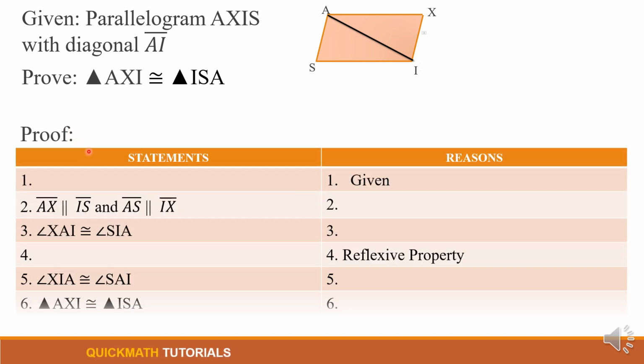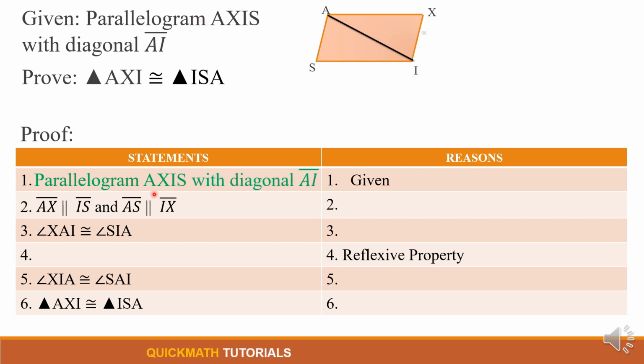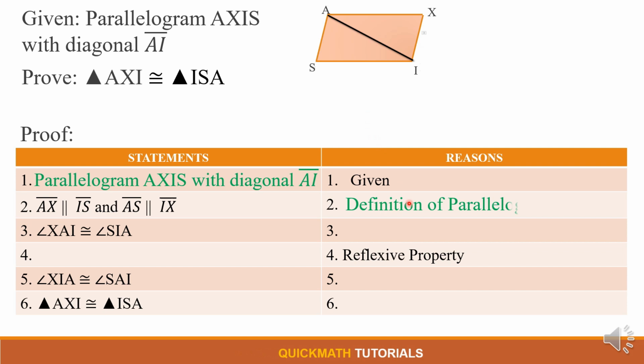So for our proof, we have the given. So again, just copy the given. And for number 2, we have the line segment AX is parallel to the line segment IS, and the line segment AS is parallel to the line segment IX. As you can notice, two opposite sides are parallel, and that is by the definition of parallelogram.